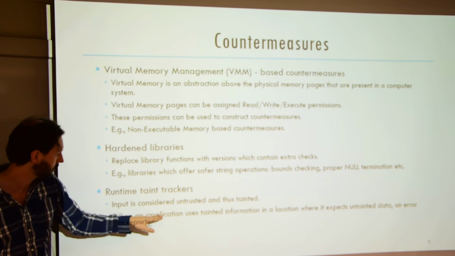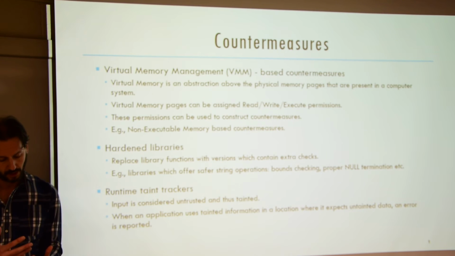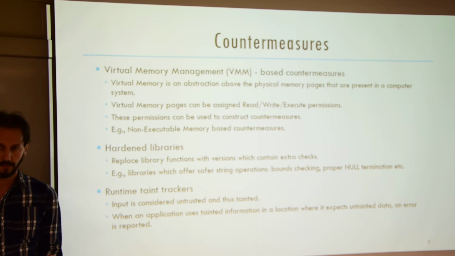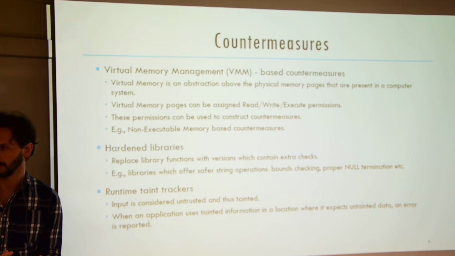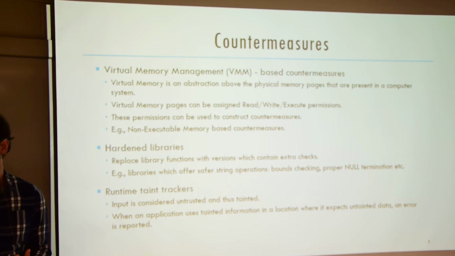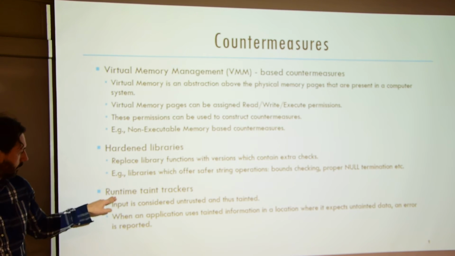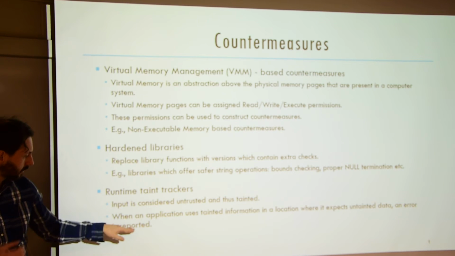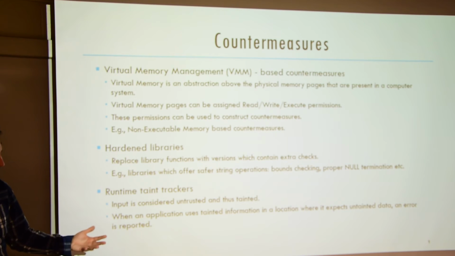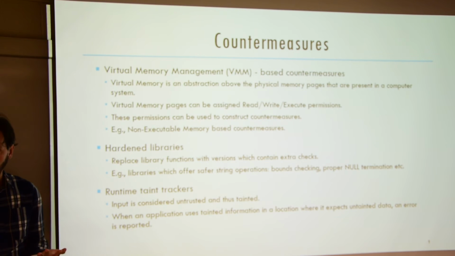Runtime taint trackers, meaning that if you get input, you would like to know where the input comes from, and when you are dealing with the input in your computation, you essentially assign trust to the output of your computation, depending on where that input came from. So you have these taint trackers that essentially will tell you how much you believe that the computation is done correctly.